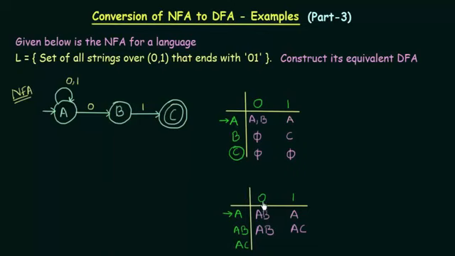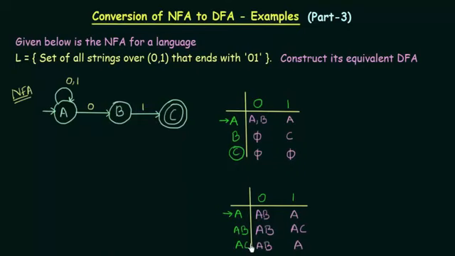On getting input 0, it will be the union of AB and phi, so it will be AB. Then for input 1, the union operation of A and phi will be just A.